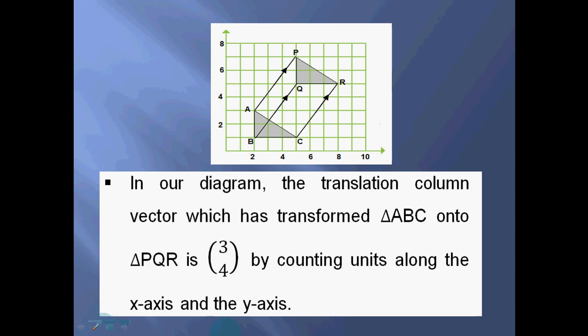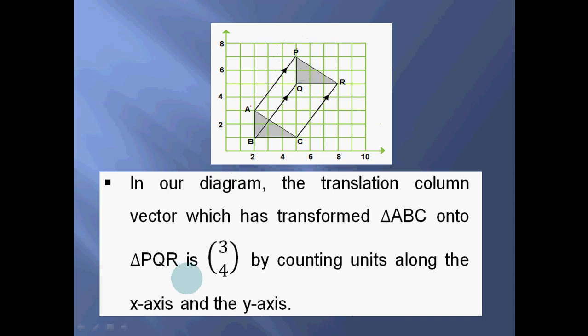Now, allow me to show that the point A on triangle ABC has been shifted onto triangle PQR, onto point P here.